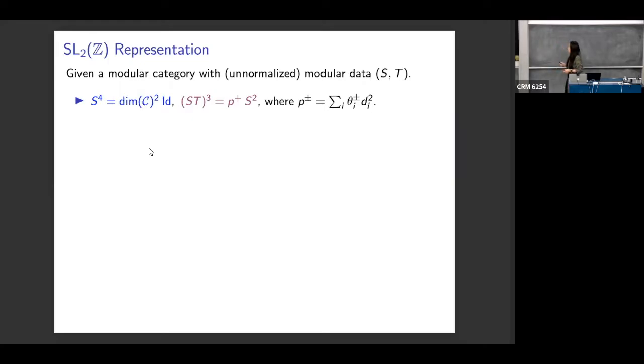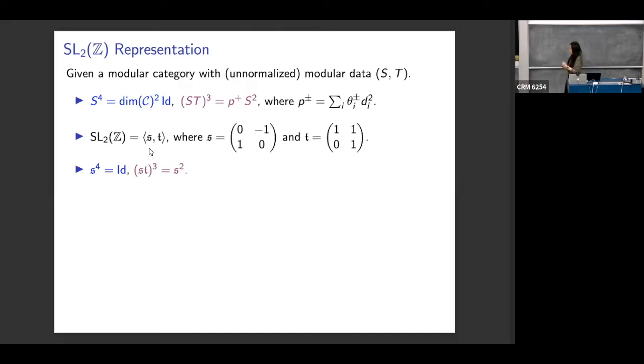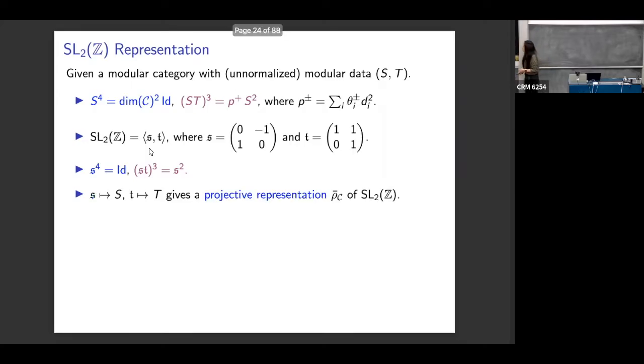And let's consider the group SL2Z, which can be generated by two elements. S is this off-diagonal matrix, and T is this upper triangular matrix. And the defining relations for S and T are the following. If we send the generators of SL2Z to the modular data like this, it gives us a projective representation, which we call rho bar C of SL2Z.